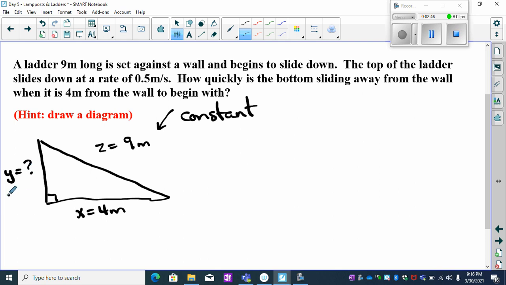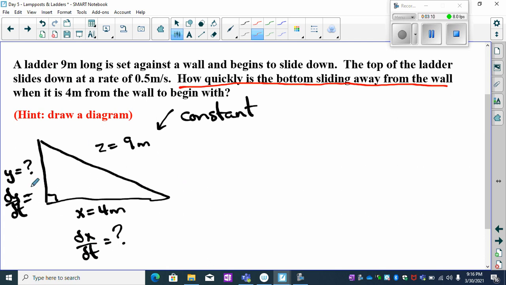But they want me to find the rate at which the ladder is sliding away from the wall. So I'll call that dx over dt. How quickly is the bottom of the ladder sliding away from the wall? That would represent the rate of change of x.